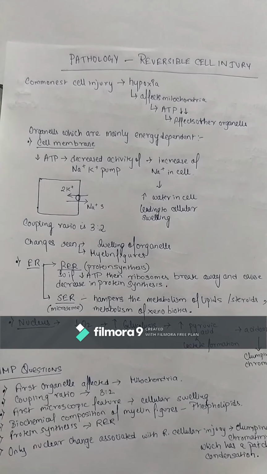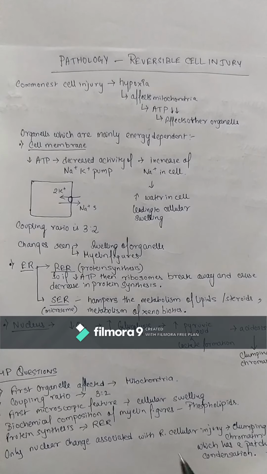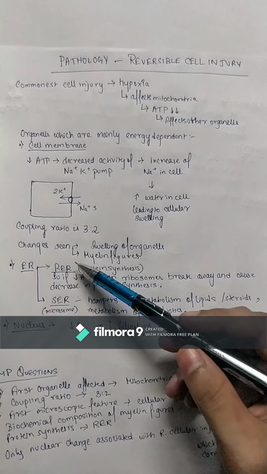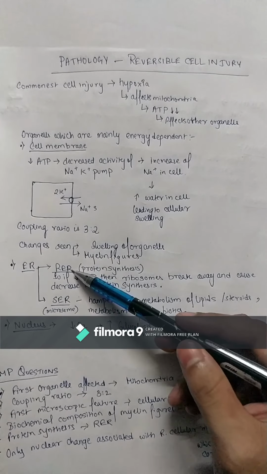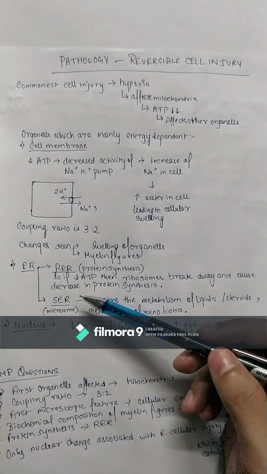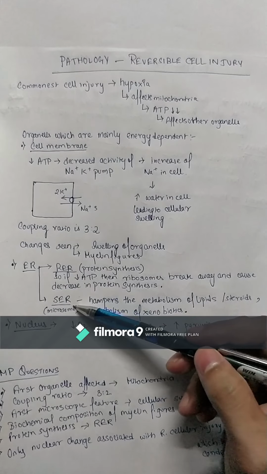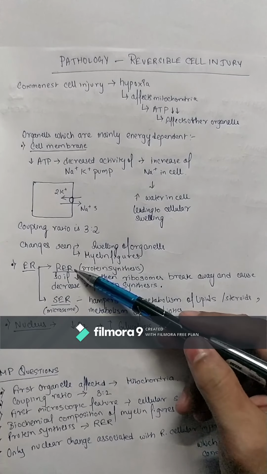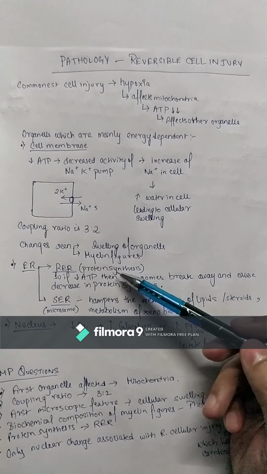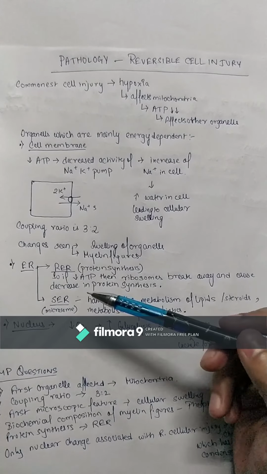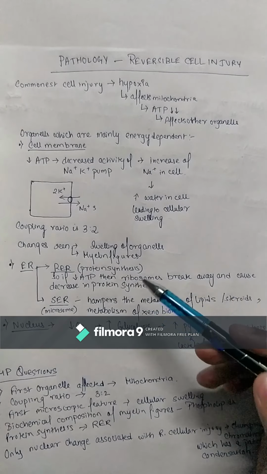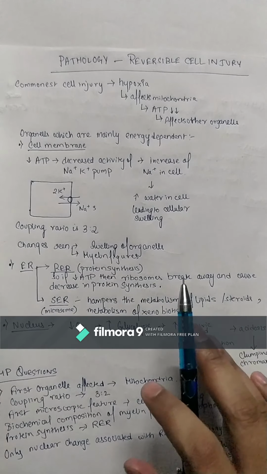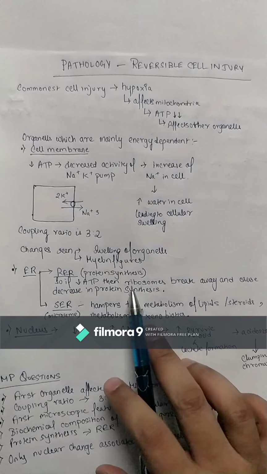So now going into the endoplasmic reticulum. The endoplasmic reticulum has two parts. One is rough endoplasmic reticulum and another is smooth endoplasmic reticulum. The rough endoplasmic reticulum deals with protein synthesis. So if a decrease of ATP occurs, then the ribosomes will break away and cause a decrease in protein synthesis.